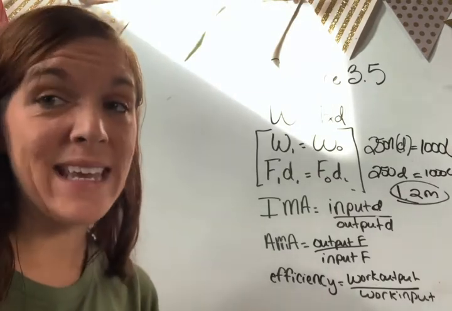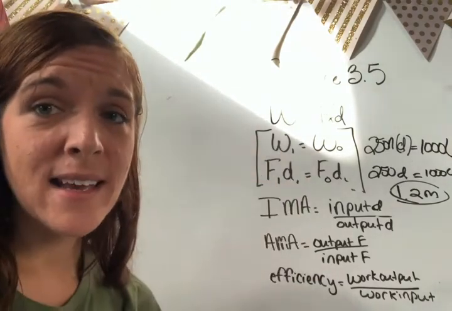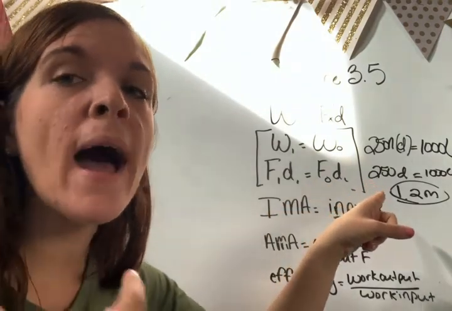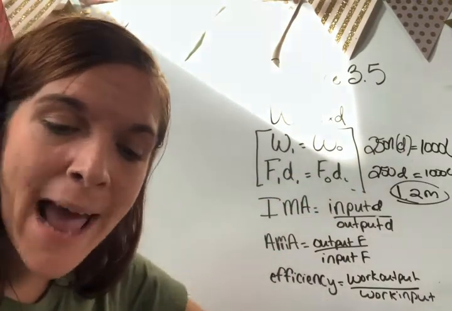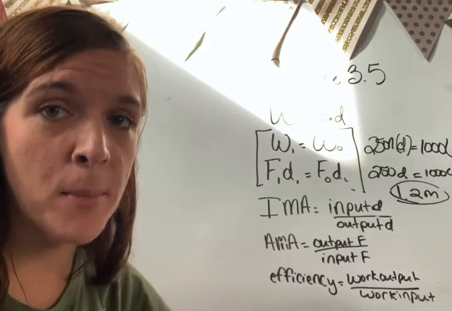So what are you seeing here? You're seeing that when he goes to lift that box, it wasn't just 250 newtons that was required. It was 275 newtons that was required because there was friction in the air pushing down on the box, making it harder to pick up the box, okay?